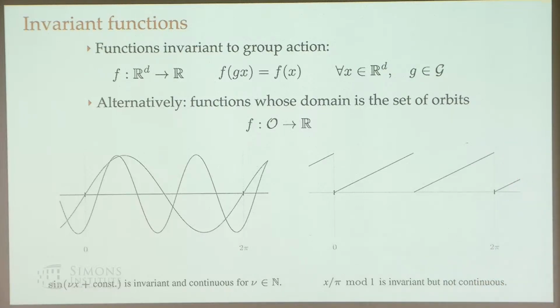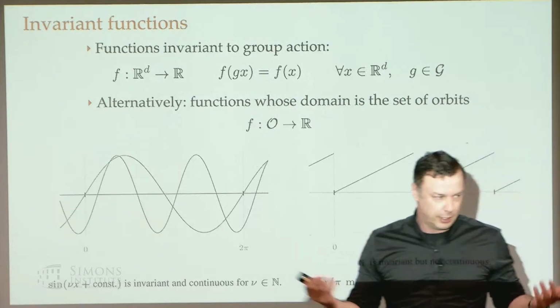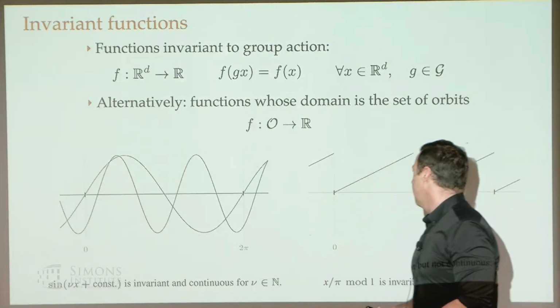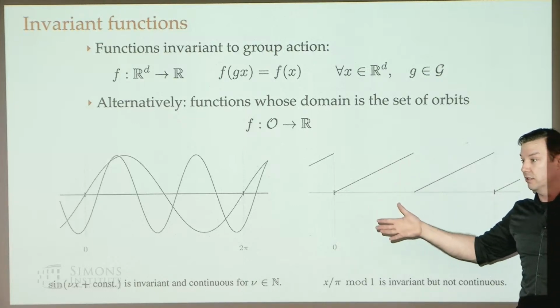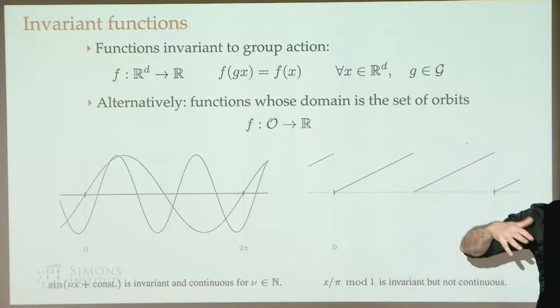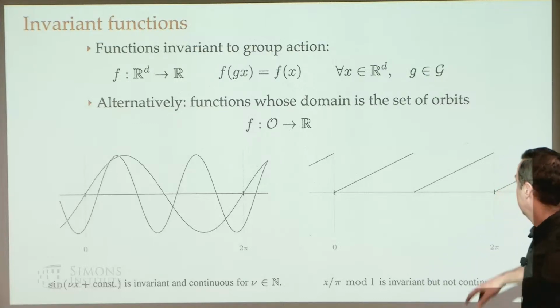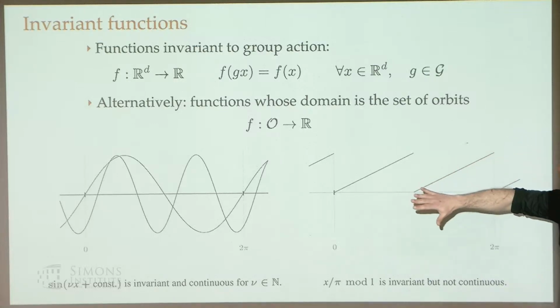And it's not that hard to come up with functions like this, right? Because we could just define a function, restrict it to one of these fundamental regions, and then tile it. And that would of course be invariant. The trick is we want to do that in a way that's continuous, that respects the boundary conditions across the edges. Even in one dimension, a space group is just like a periodic function.